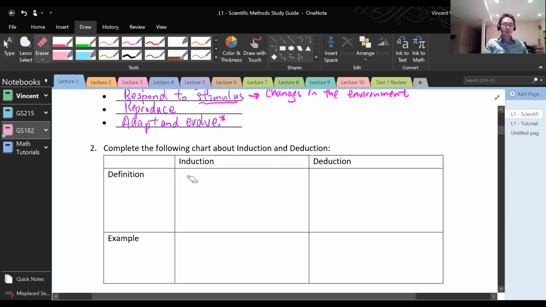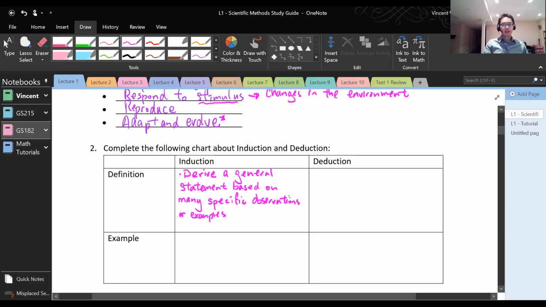So for induction, what that does is we derive a general statement based on many specific observations, or examples.